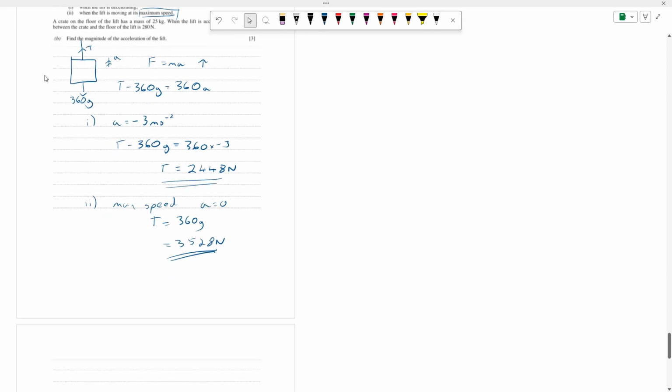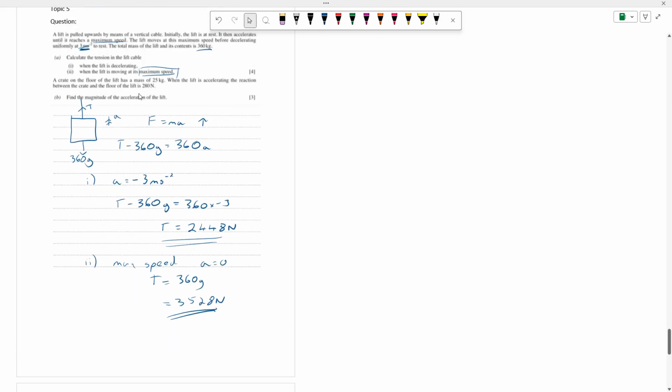Now, for part B, the crate on the floor of the lift has a mass of 25 kilograms. When the lift is accelerating, going upwards, the reaction between the crate and the floor is 280 newtons. Calculate the magnitude of the acceleration. If I draw a little diagram of what's going on there, I've got this crate on the floor. This crate is 25 kilograms, so 25g going down.